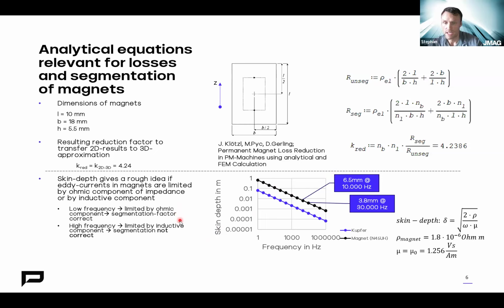This way, the eddy current does not decrease, but for high frequency, the eddy current has to pass a higher resistance. So for high frequency, the segmentation does not lead to a reduction of losses, but it can even lead to an increase of losses for high frequency eddy current components.